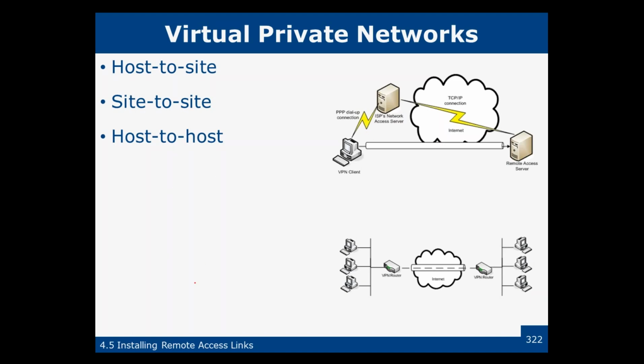Site-to-site VPN, we got a picture here. We got a VPN router, goes across. See, we have this nice little pipe across the internet. How many routers do you think are in that nice little pipe if we go from point A to point B?